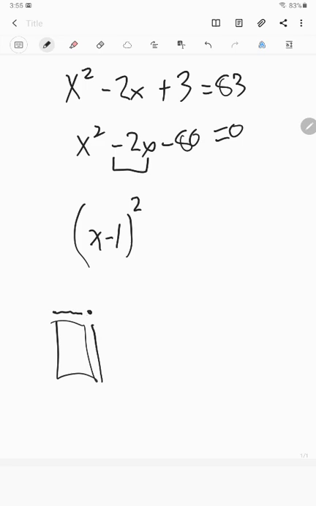And that plus 1 is borrowing from the 80. So it's really like I've got to take x squared minus 2x, and I'm adding a 1 so it fits my model. But I like to add a 1 and take away a 1, because that way I'm not actually changing anything. I can take away 80.